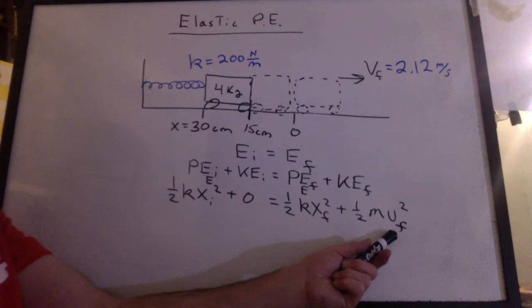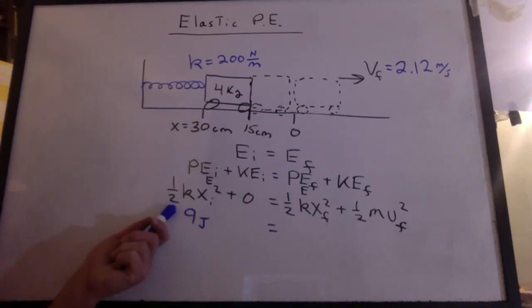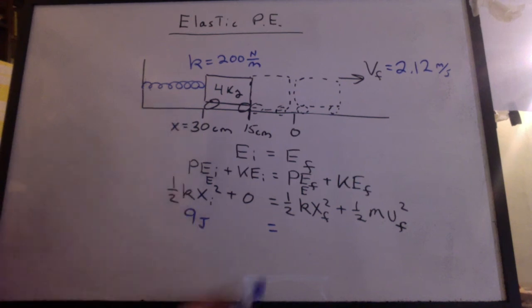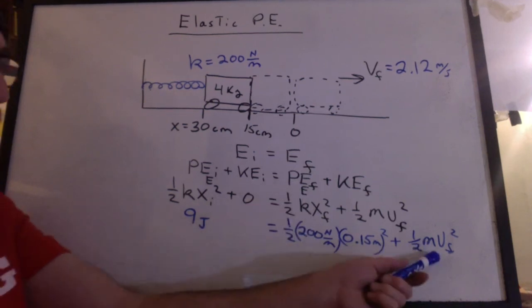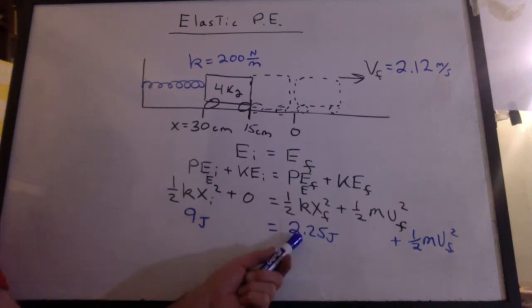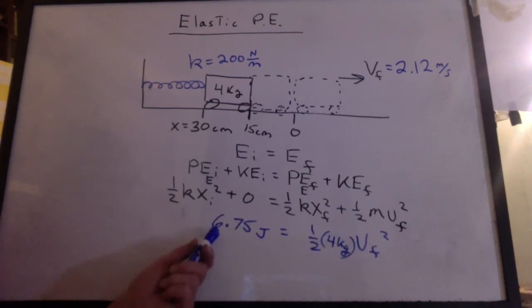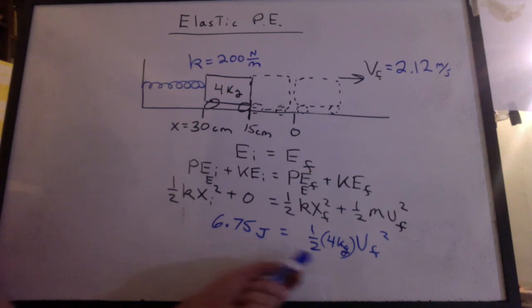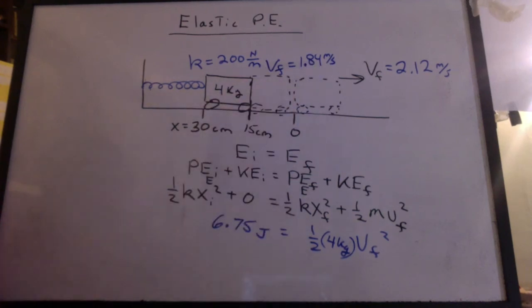And this will now be the final velocity at that point. So the 9 joules of elastic potential energy will now be split up. Some of it's going to go to a final potential energy, and the rest will go to the kinetic energy. The final PE is going to be 2.25 joules. So we have 6.75 joules turned into kinetic energy, which gives us a final velocity of 1.84 meters per second at this position.